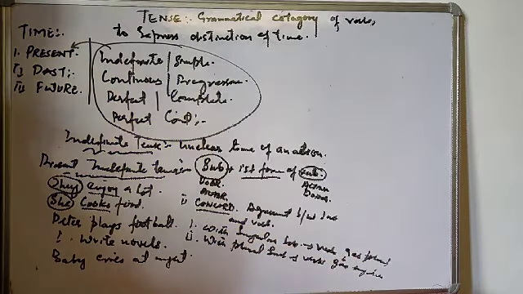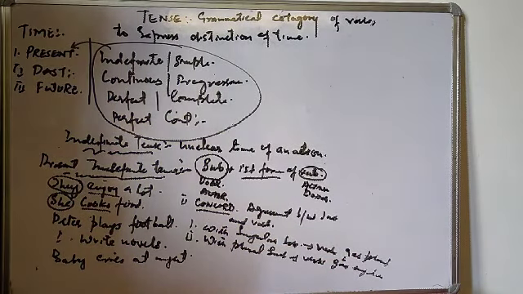This rule is called concord. Basically, there is an agreement between subject and verb. If subject is singular, we have to go against it. If subject is plural, likewise, we have to go against it.